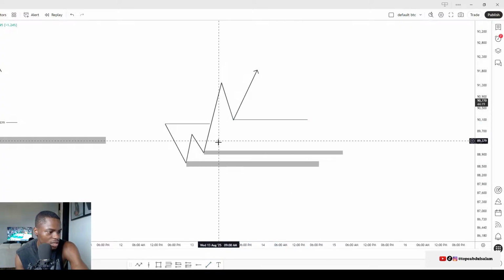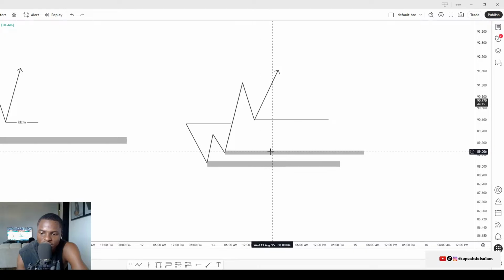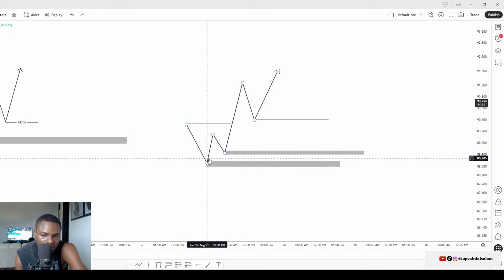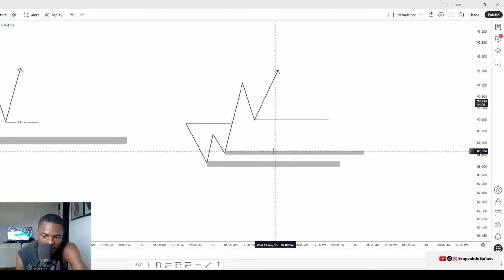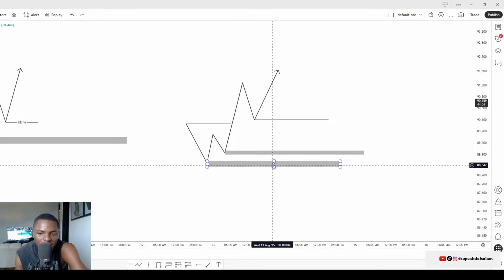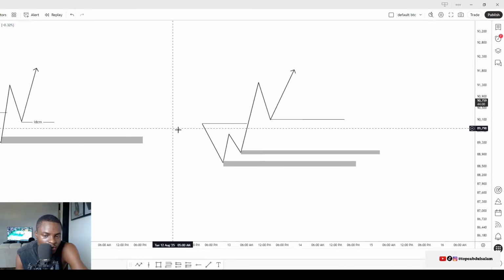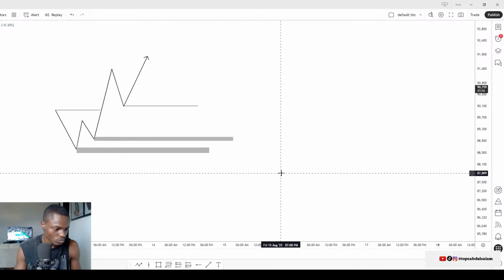So in a double leg, because this has an inducement already, you are looking for confirmation around this area or this area to take your buy from. You can come and sweep here before we eventually get here, but you are looking for confirmation around here to take your buy from. Simple as that. So you always mark out your point of interest, your break of structure, and your inducement.